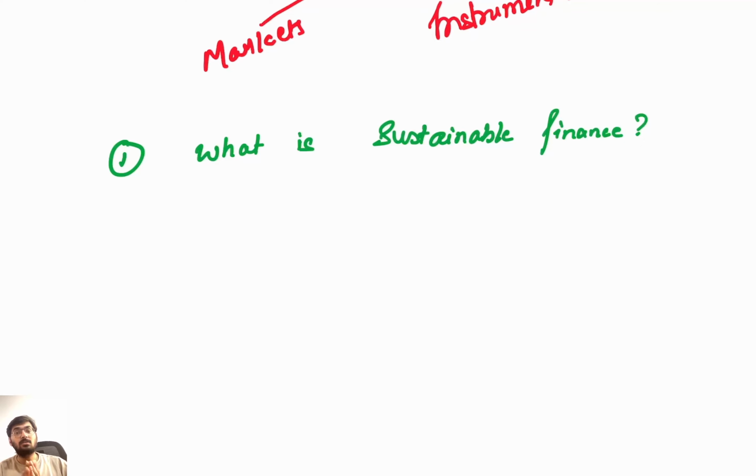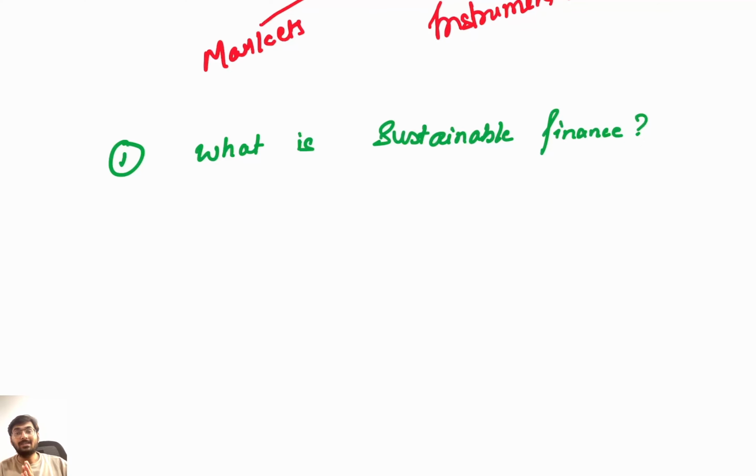Second factor is social, meaning how it is going to impact the people in terms of their health, their education, community welfare. Clear? And the third, which is very important, is governance, meaning how the companies are actually running in terms of their transparency, their ethical responsibility towards society, how accountable they are towards the government, the people, the society, how they are treating their own employees.